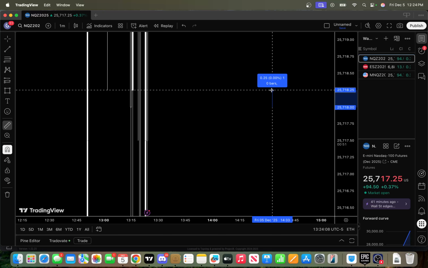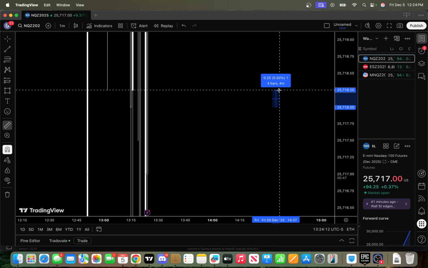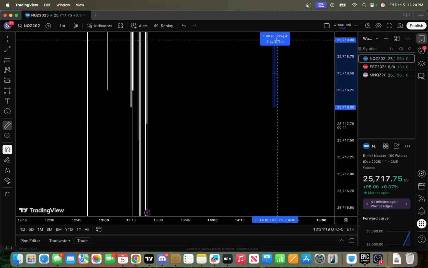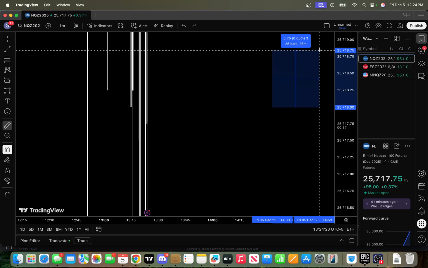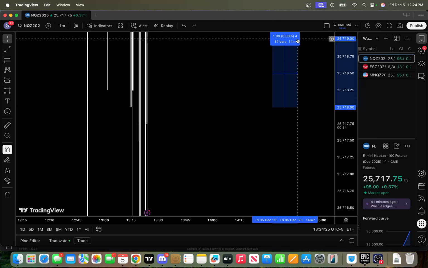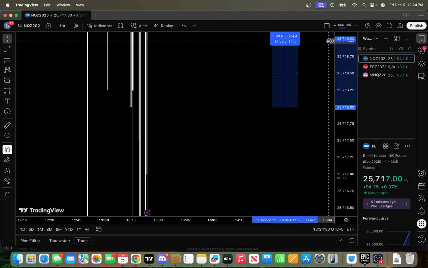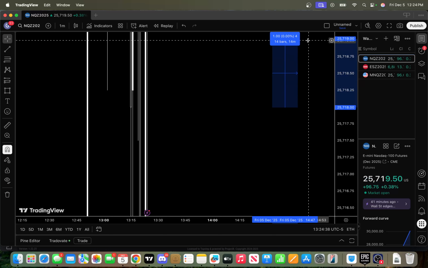One tick is every 25 cents, and 1 point is every dollar. So if I go to this number, this is a whole dollar up. Since I went up 4 ticks, this number is 4 ticks. Since I went up a whole dollar, that is 1 point.